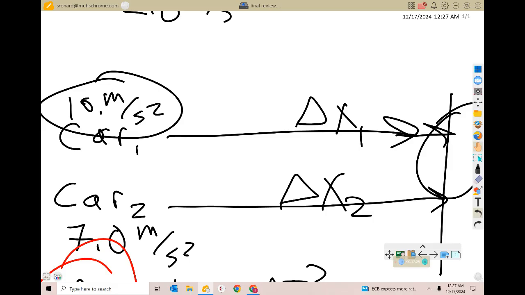this is basically what the kinematic equation problem is going to look like. Same setup. I want you to be prepared for the skill set you're going to have to use.